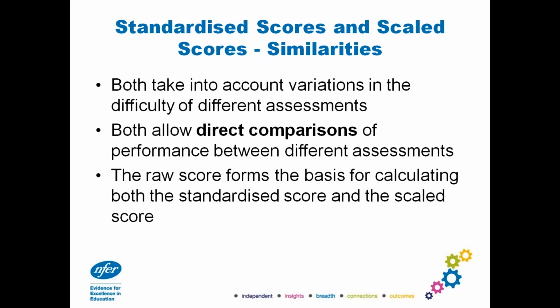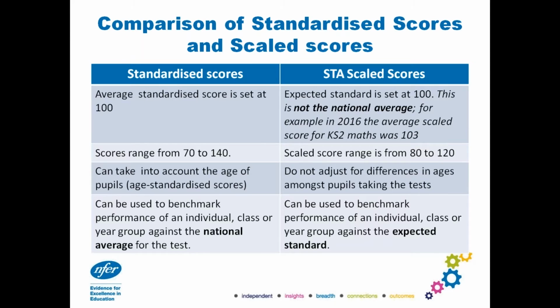So, for example, we can tell that the child earlier was at the expected standard in grammar, but not working at the standard for reading and maths. So it allows you to compare between different assessments. And in both standardised and scaled scores, the raw score is the basis for calculating the score.